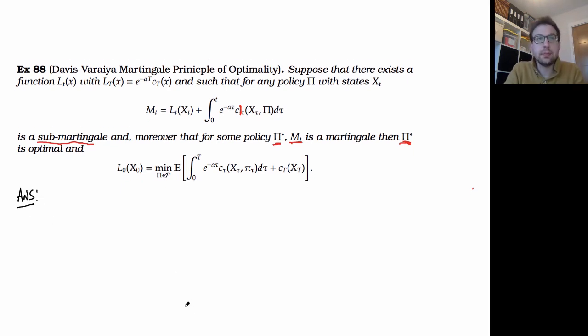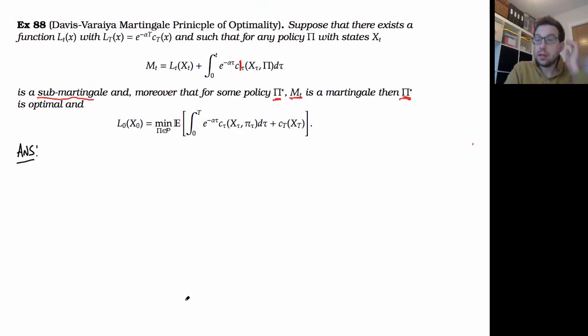Okay. Right. So sub-martingale means basically M of t in expectation goes up. Okay?